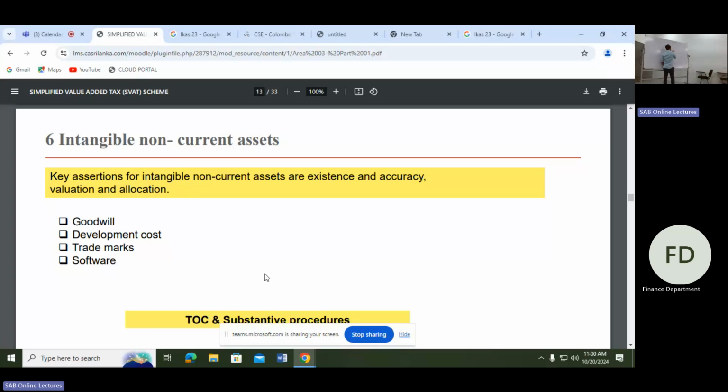As a result of a past event, we are controlling an asset which has economic benefit and can be measured in financial terms, is an asset. What is the pure word? Control. Control by the entity, not the ownership, but the control. If you are controlling something, that is an asset to the company.